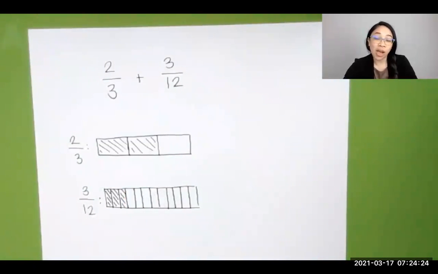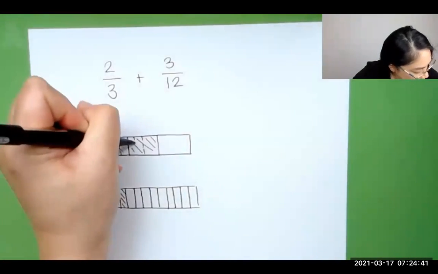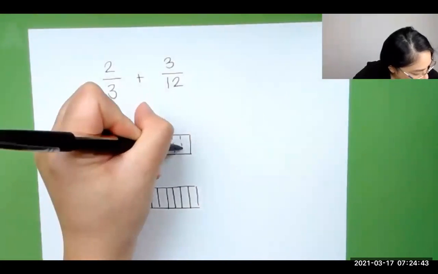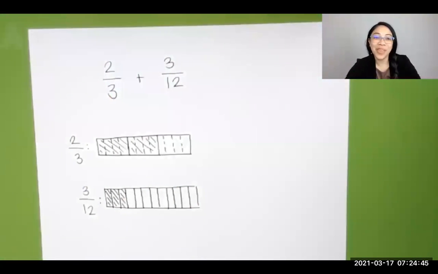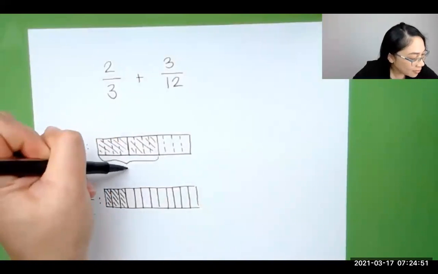We can draw dotted vertical lines to show each third decomposed into 4 equal parts, since there are 4 times as many 12ths in one as there are thirds. We can clearly see that there are 8/12ths shaded in.